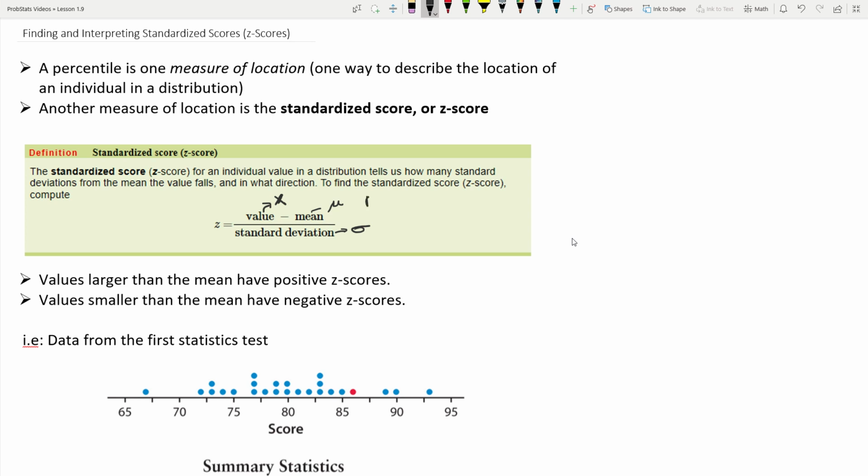So assuming that we're talking about a population, which most of the time you're going to be doing this for everybody, you're going to be using the following formula. Z is equal to x minus mu divided by lowercase sigma. So this is your formula using the symbols.